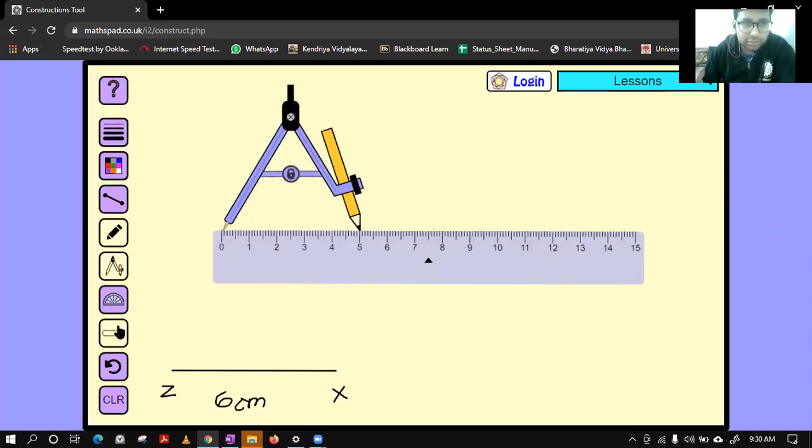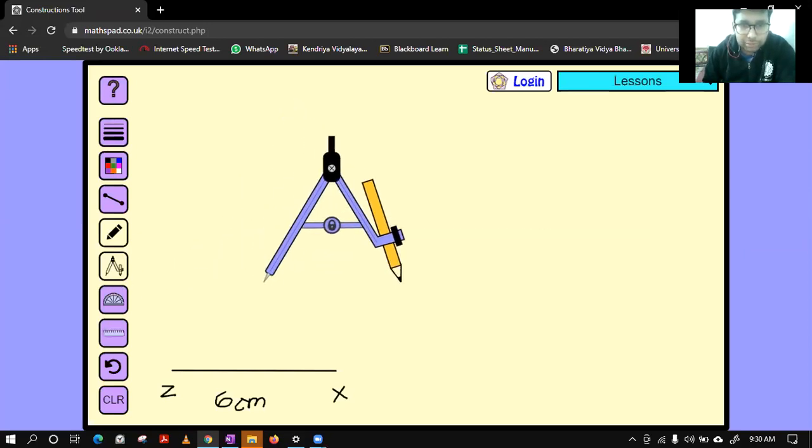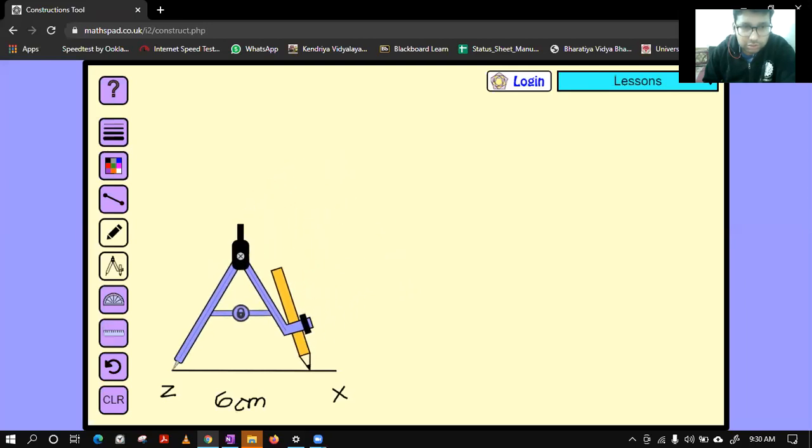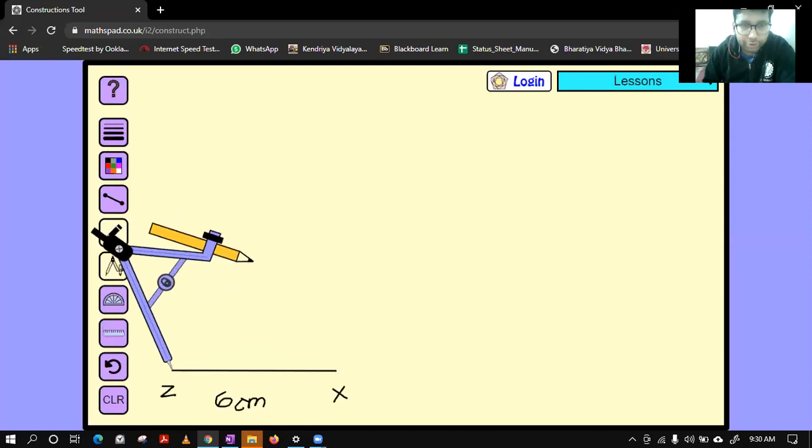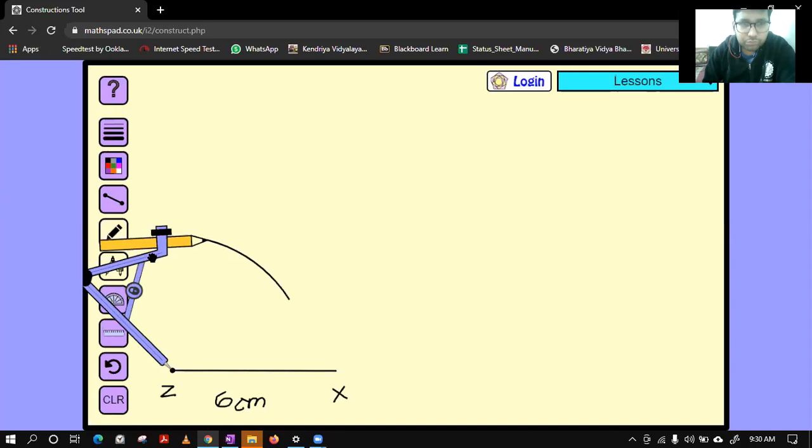Now I have locked it. Now keeping compass on this Z, I will take the arc for point Y. That is like this. Now class, I am sure my point Y is lying somewhere on this arc.